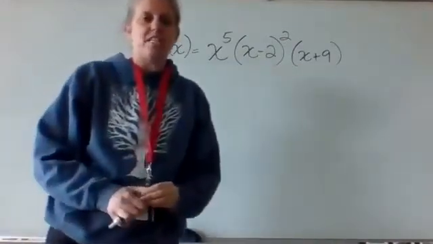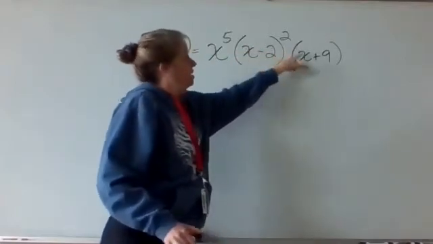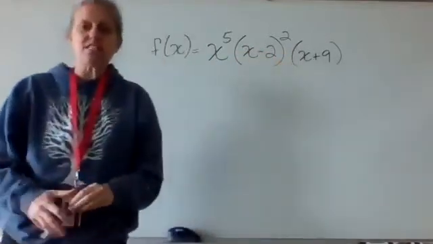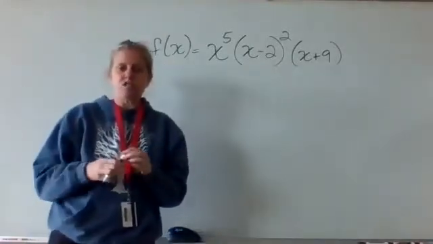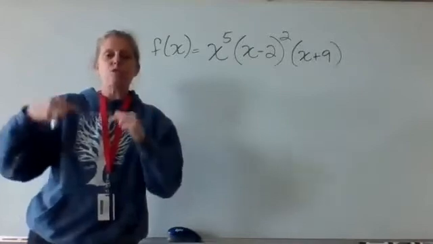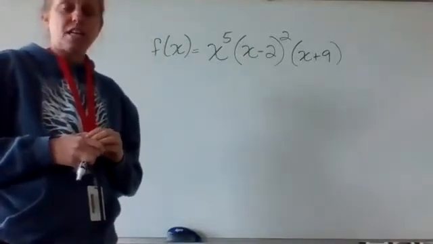Look at all those parentheses. Does anything inside these parentheses have an exponent? They don't. They're just x's. That's what you want to see because that means it's factored. I don't have to do any factoring.